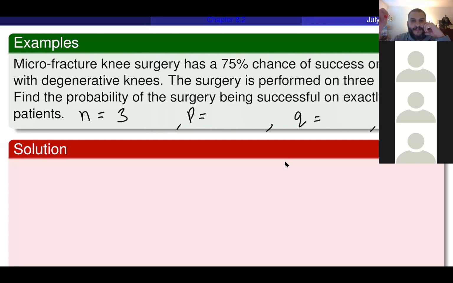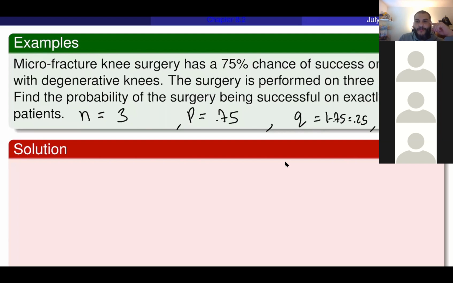What's the probability that the surgery is a success? 75%. Yeah, 75%. So if 75% of the time it's a success, Q will be how many times we have a failure, how many times it is not a success. That will be 1 minus 0.75, which is 0.25.